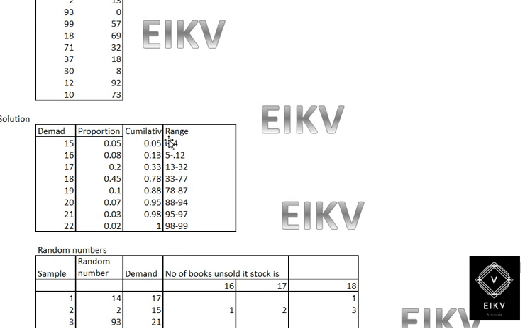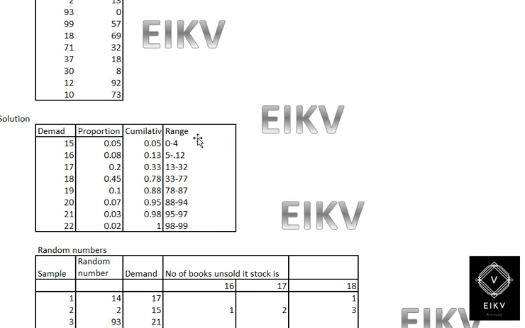Cumulative probability is nothing but the accumulation of the proportion, that is 0.05 for the first demand, and for the second demand it is 0.05 plus 0.08, which is 0.13, and then for the third it's 0.13 plus 0.20, that is 0.33, and for the next it is 0.33 plus 0.45 will give you 0.78, and then 0.78 plus 10% will give you 0.88, and 0.88 plus 0.07 will give you 0.95, 0.95 plus 0.03 will give you 0.98, and 0.98 plus 0.02 will give you 1.00, or 1.